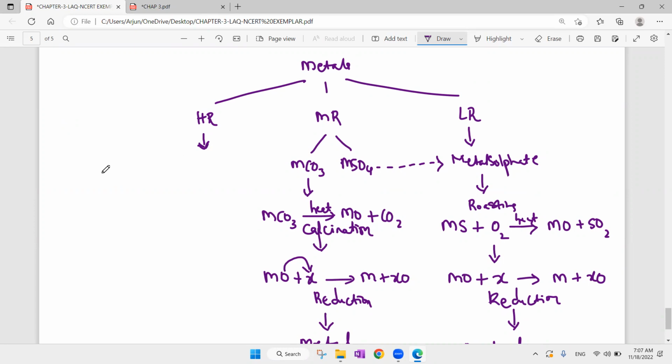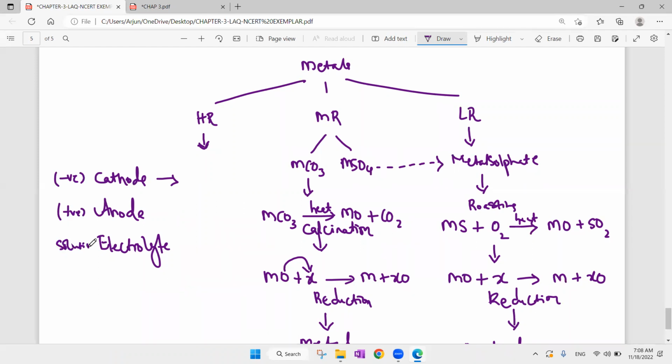In that we have cathode, anode, and electrolyte. Cathode means it is the negative terminal. Anode means positive terminal. Electrolyte means it is a solution. What solution? It is a salt solution. At the negative terminal cathode, we are going to take a pure thin strip of the required metal.